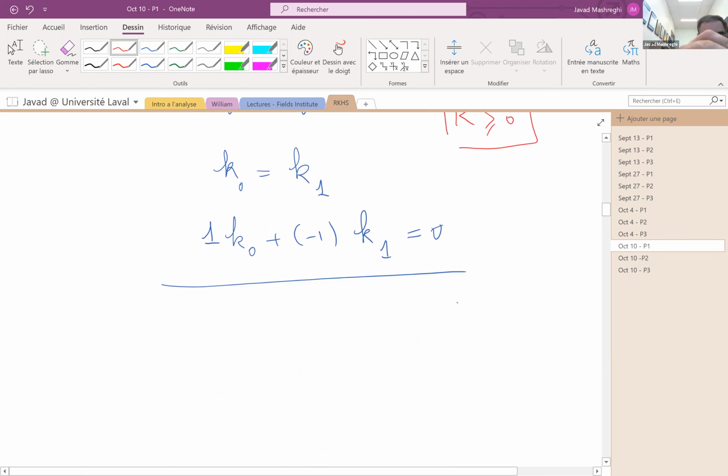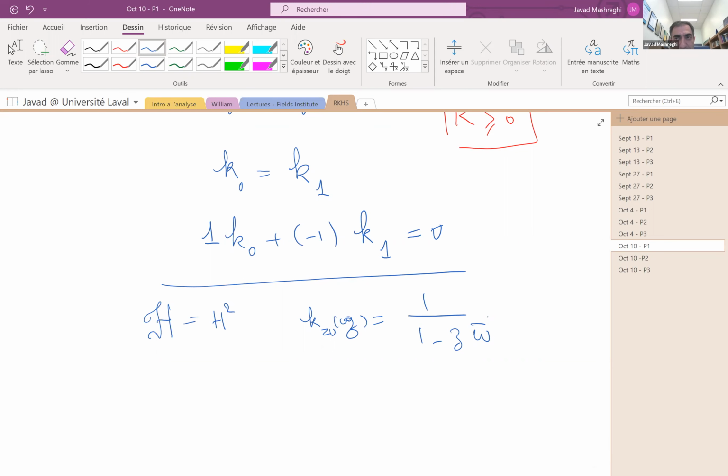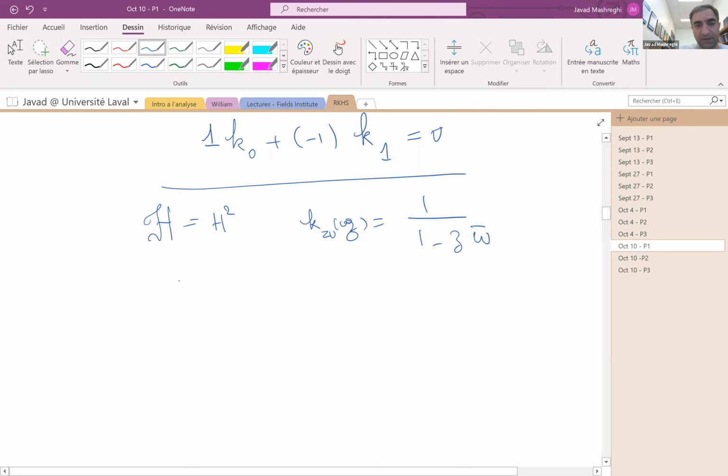But if we go to the Hardy space setting, H equal to H2, our kernel Kz at point W, or usually we write Kw at point Z, is the Cauchy-Szegő kernel 1 over 1 minus z w bar. Of course, K is all the time bigger than or equal to 0, but can we say that K is also strictly bigger than 0?